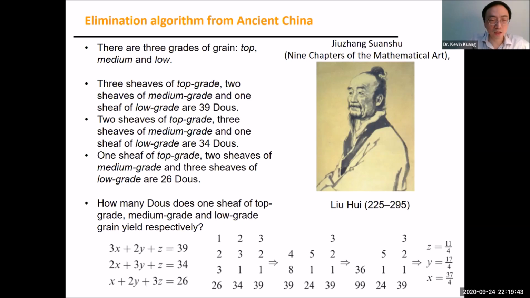So you can see the 3 equations are given on the bottom left-hand side of the slide. And as you can see that the system is systematically reduced to a form whereby the unknown can be obtained one step at a time, okay, yielding the result for the x, y, and z.